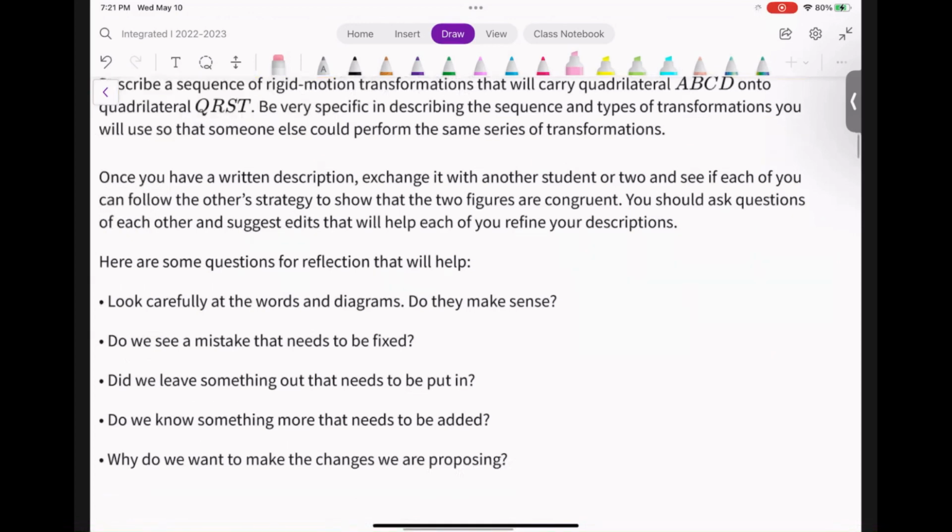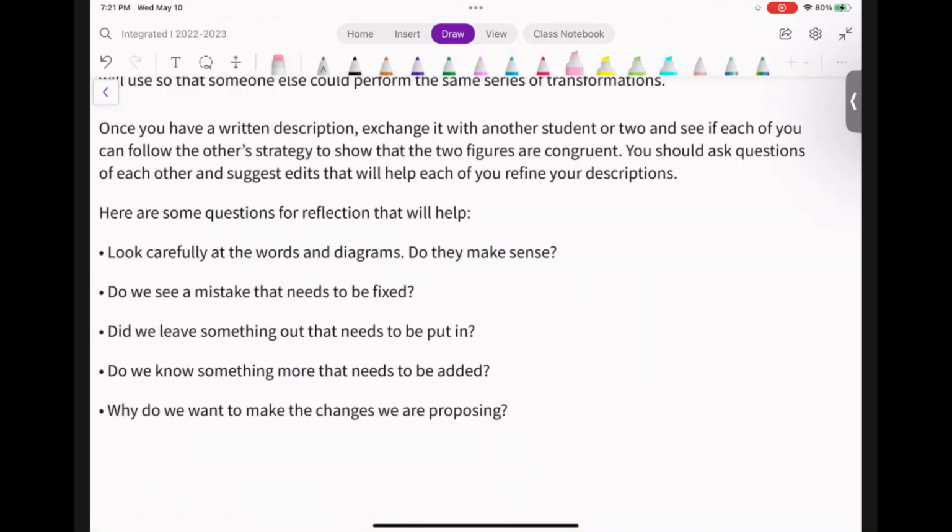All right. So it says once you have written a description, we're not going to do this. I mean, you're actually going to write your description, and then tomorrow in class, you're going to show each other the description to see what you guys got. And so here are some questions that are going to help you. Look carefully at the words and diagrams. Do they make sense? Did we make a mistake?